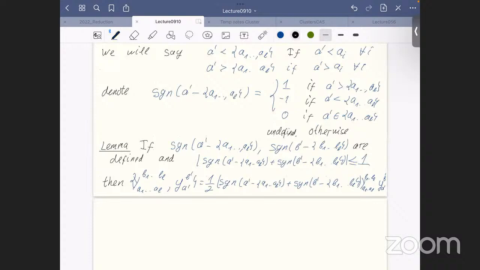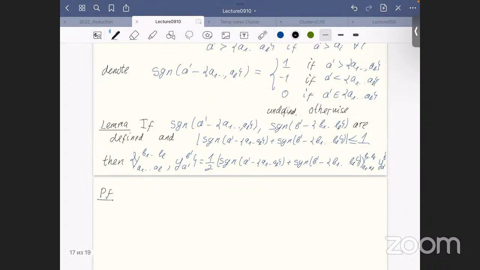Okay, proof. Maybe not full detail, but anyway. So let us assume for simplicity that b prime belongs to the set b1 bl.